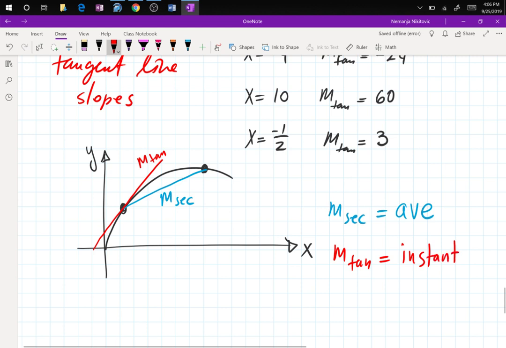And those two are two very different concepts. If you are looking at the average, you are looking at the average over the period, and that is something that happens over a long period of time.